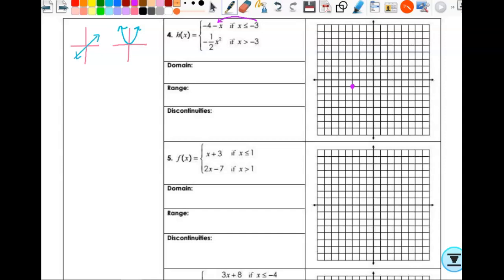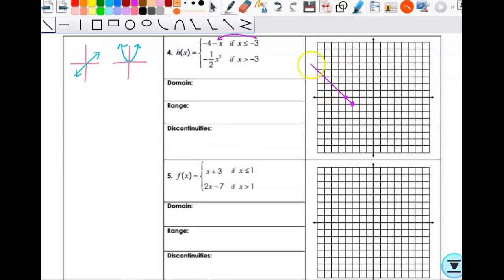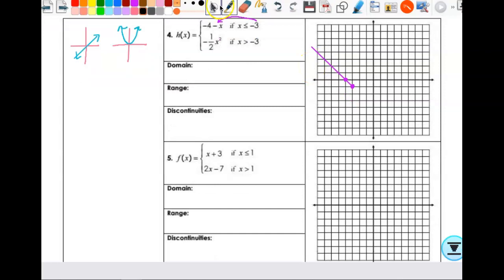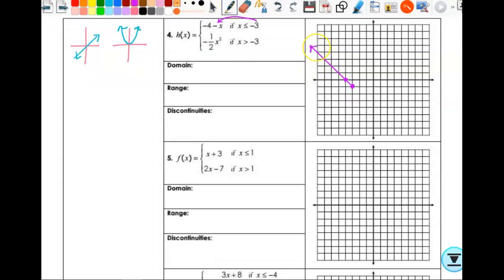So it's pointing like this, which means I know it's going to have to be like this, right? And then what is the actual slope of this line? It's negative 1, right? So I'm just going to, since I know it's got to go this way, I'm going to go left 1 and up 1 and get that point right there. And then I can draw in my line, or the part of my line, rather. Okay.